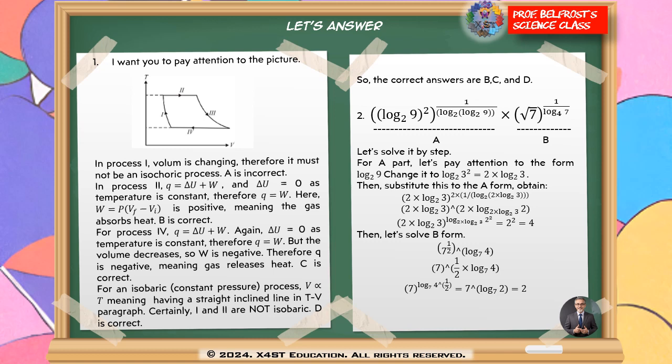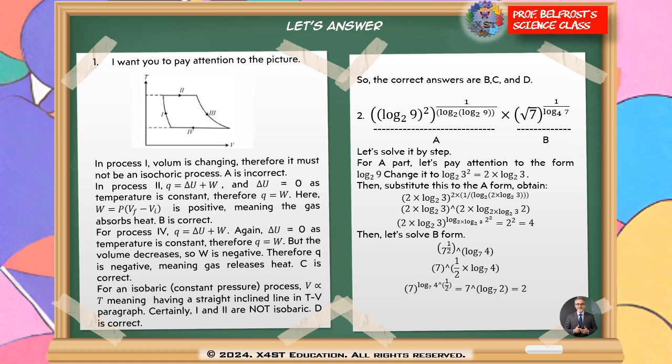Because I have told you before that this form can actually be reduced, then we have 7 to the power of log base 7 of 2. Then we only have 2 eventually. Then we have solved A and we have also solved B.